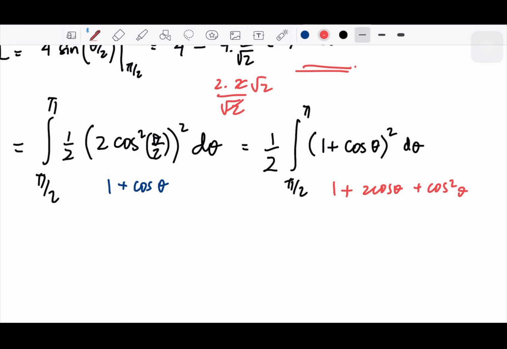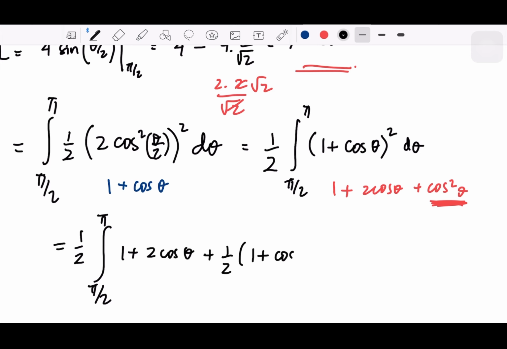We only need to focus on the one that we need to convert to double angle, right? So 1 plus 2 cosine theta, and for cos squared theta I will write plus half of 1 plus cos 2 theta, the double angle. And then the whole formula multiplied with d theta.